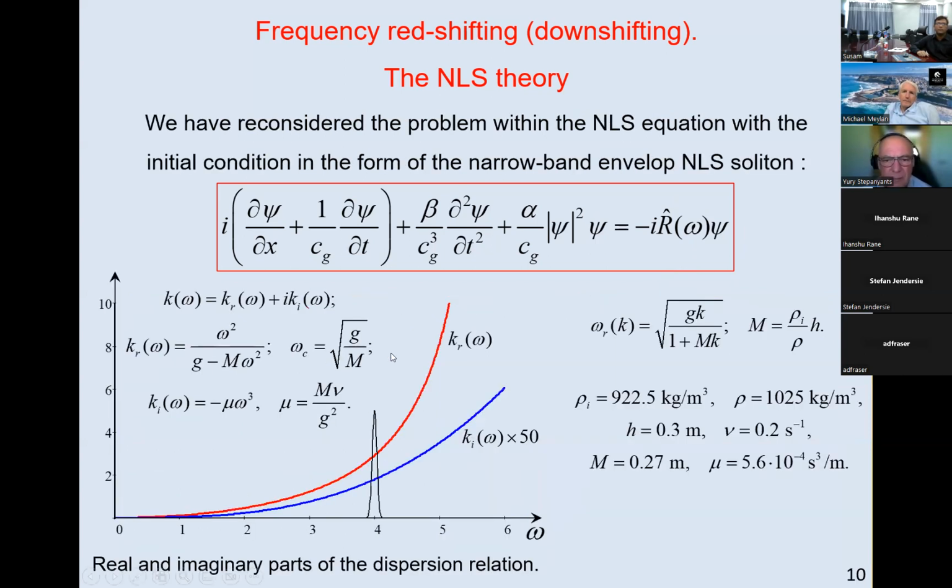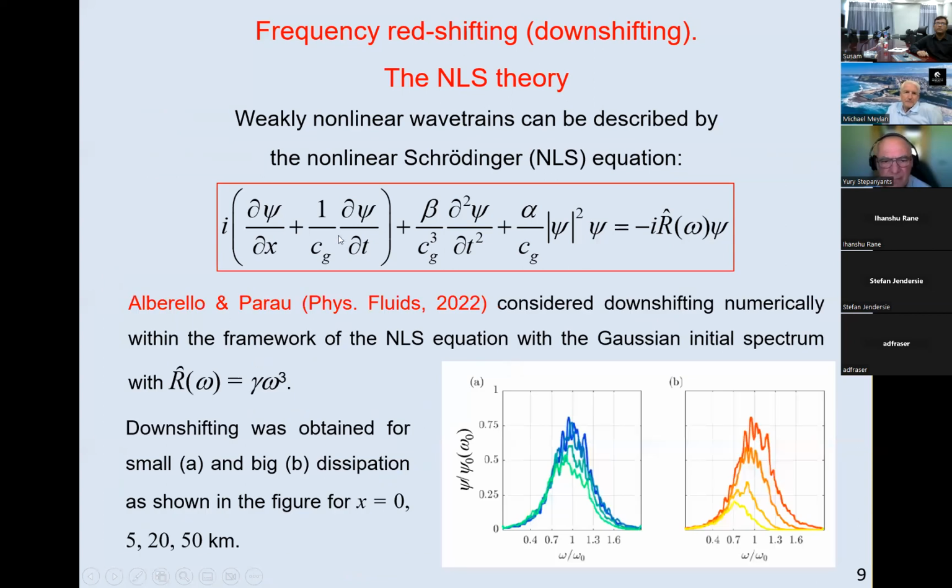We did this work using the same equation, but we also took into account that the coefficients of this equation depend on the frequency and on the ice parameters. I forgot to mention that in the study by Alberello and Parau, all coefficients alpha, beta, and C_g were taken the same as for water waves uncovered by ice.